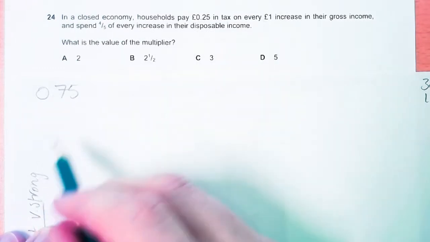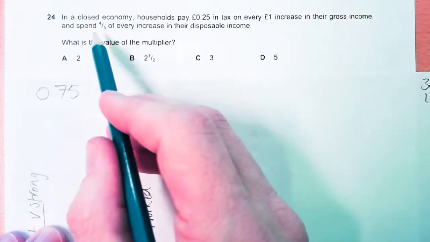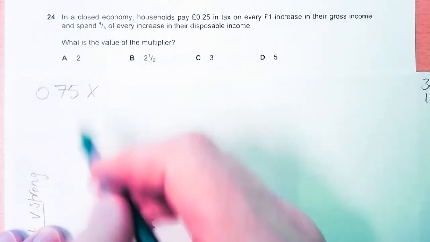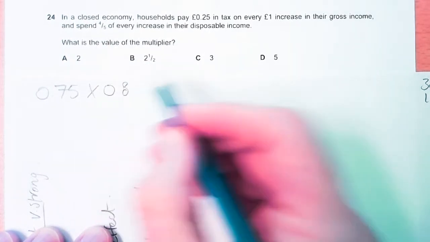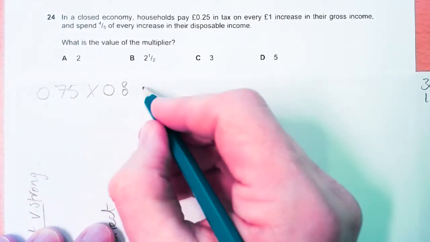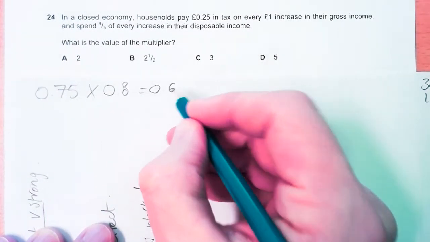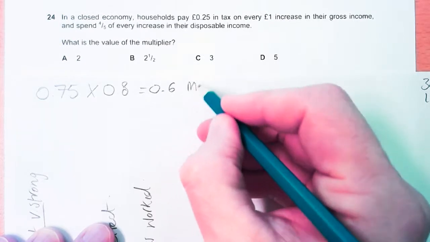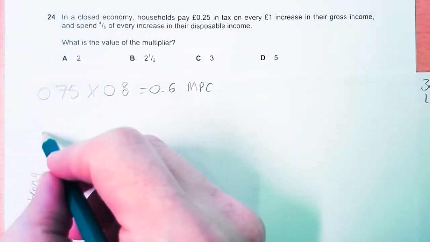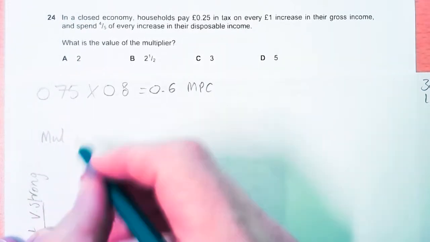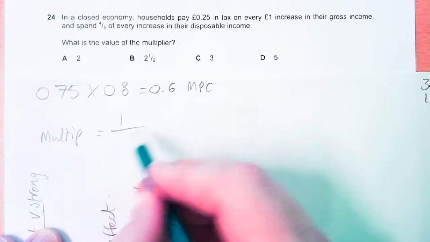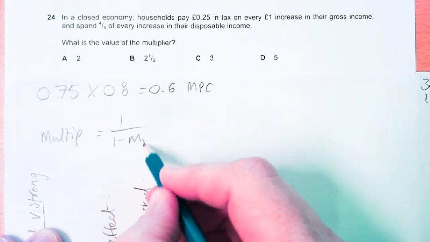Okay, further to that, we can also see that the consumers would now spend 4/5 or 0.8 of this. So if we multiply 0.75 by 0.8, that will give us 0.6. That tells us what our marginal propensity to consume is. Now the multiplier is calculated, of course, by 1/(1 minus MPC).